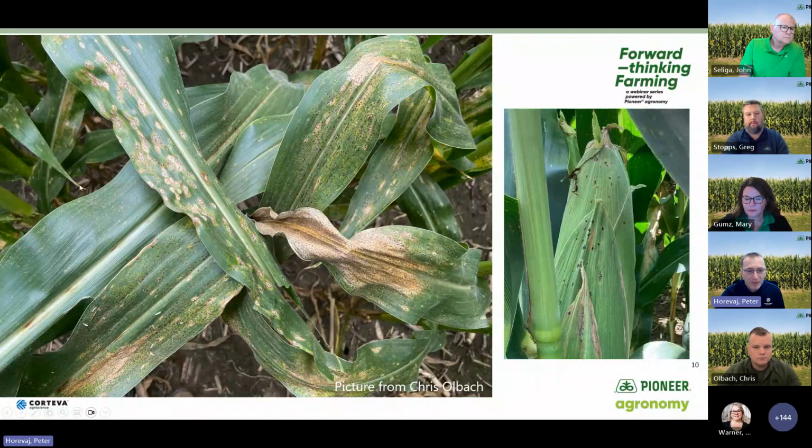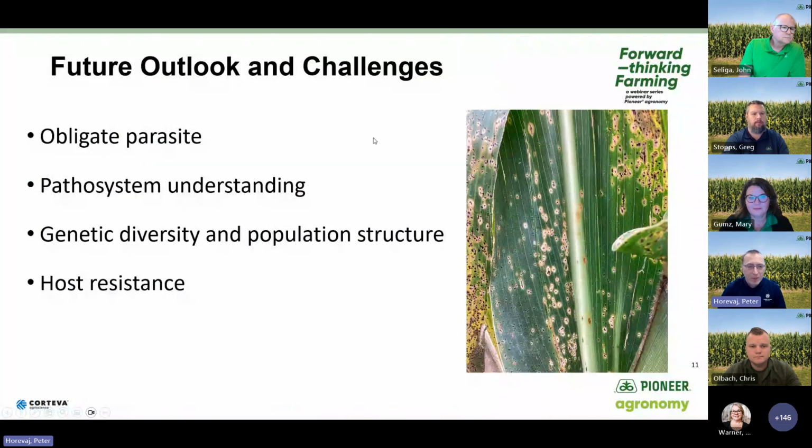Why are we seeing in some cases these fisheye lesions, but no real parasite or pathogen within them? And I got this picture from one of the fields this year, you can get it on the husk leaves as well. So it's not just on the leaves.